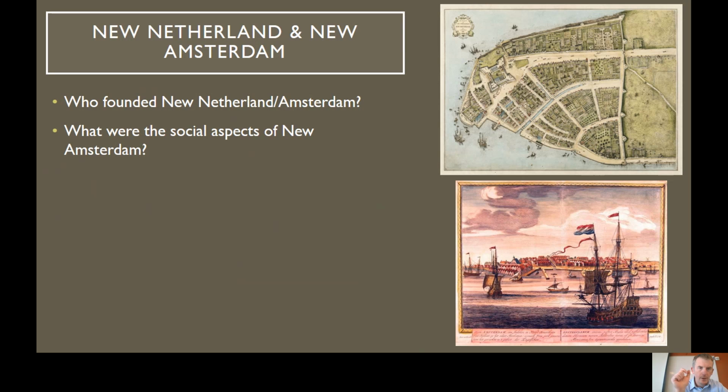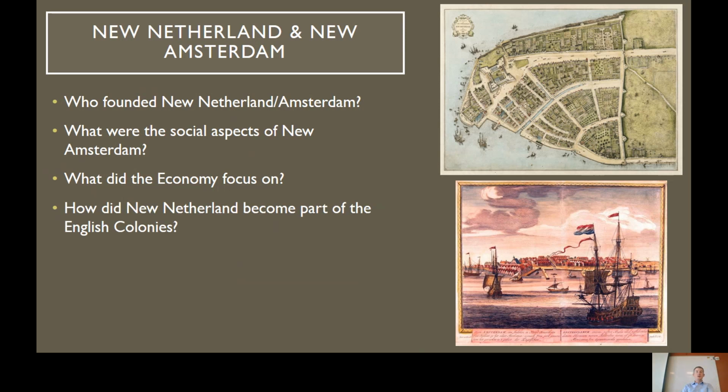So you have multilingual and religious tolerance. If we take a look at the economy, the fur trade is very important, and also shipping and trading. In New Amsterdam, as you can see, there are all the ships, with the Dutch flag in the back.